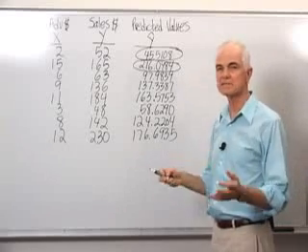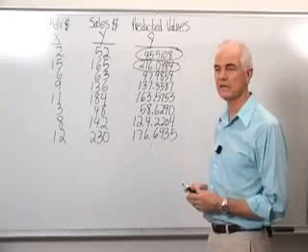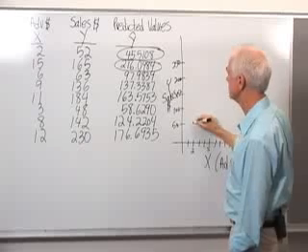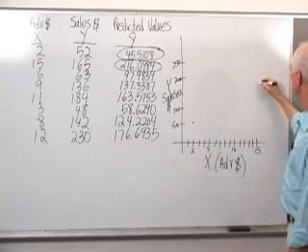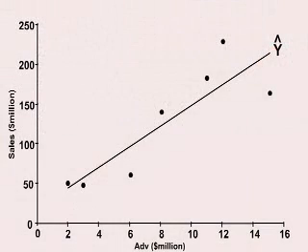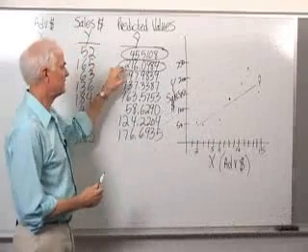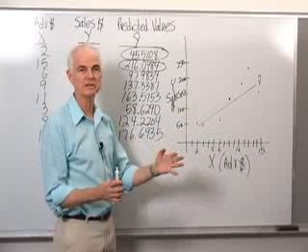In order to have insight into what predicted values are, let's draw a scatter plot of our data. We have 2 and about 52, 15 and 165, 6 and 63. When the regression line is placed through the data, the predicted values are the actual values on the line that correspond with any certain given x.